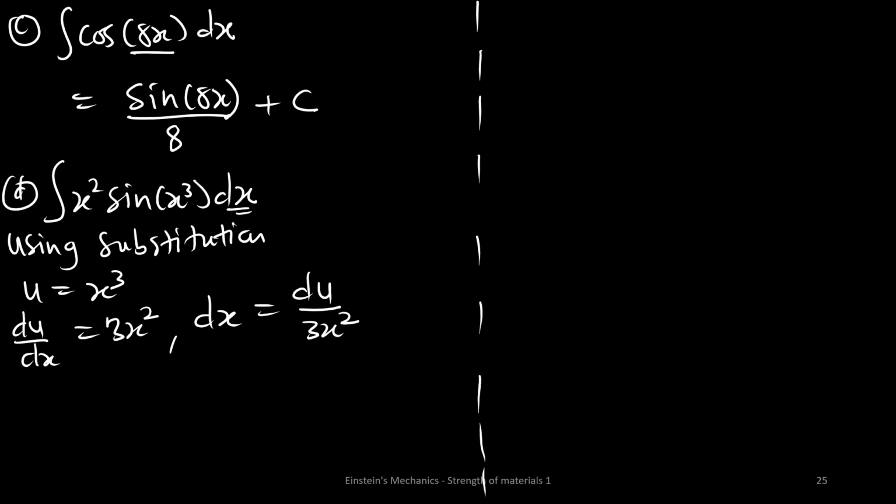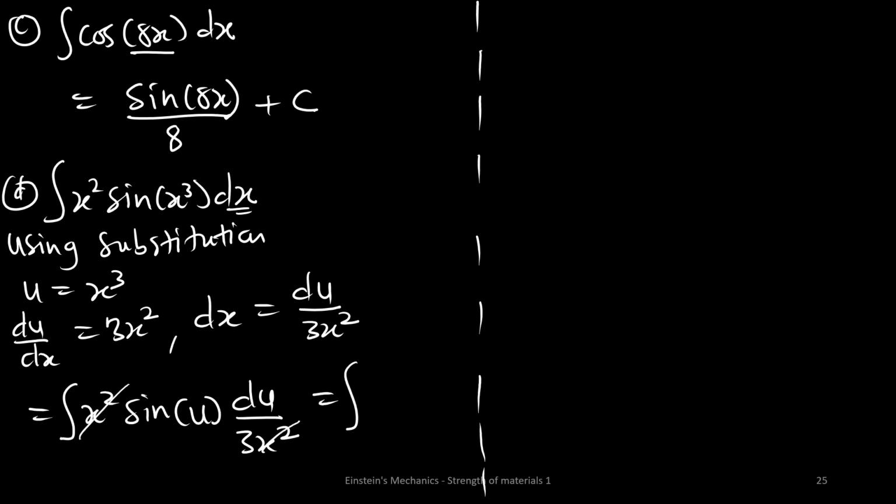So the final expression is going to be the integral of x squared sine u. Now dx is du over 3x squared. Are we good? So this x squared can take care of this, and we are having the integral of sine u du over 3. So I can bring the constant out, which is 1 over 3 times the integral of sine u du.